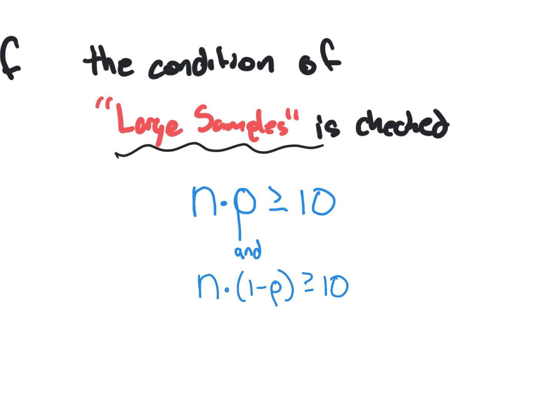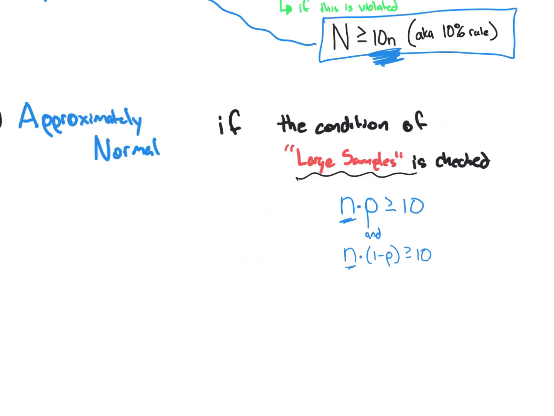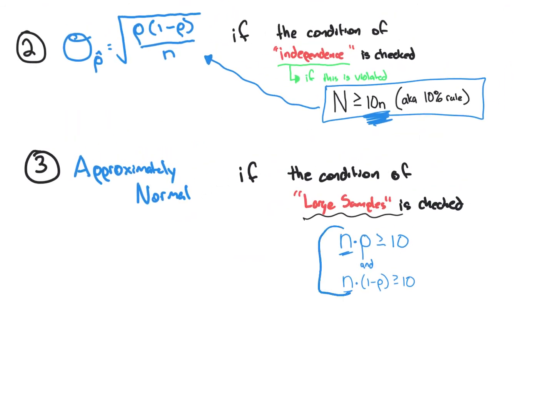Okay? So these are called large samples because we need to make sure that our sample size is large enough when compared to the proportion, and it maintains a threshold of at least 10, right? If these are true, then we know that we're going to be able to use the approximately normal curve to estimate or theoretically set up our distribution.